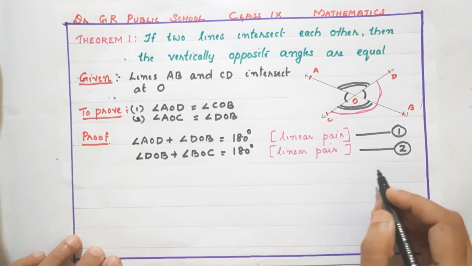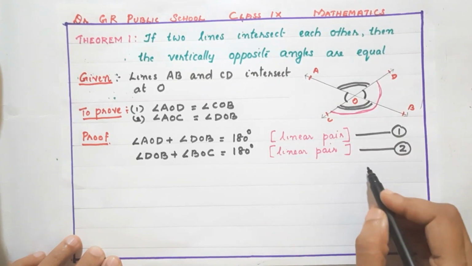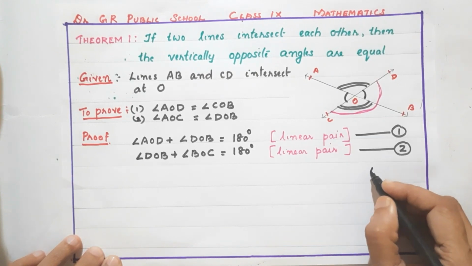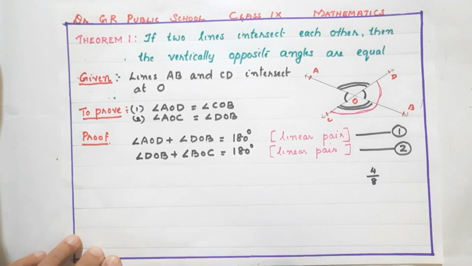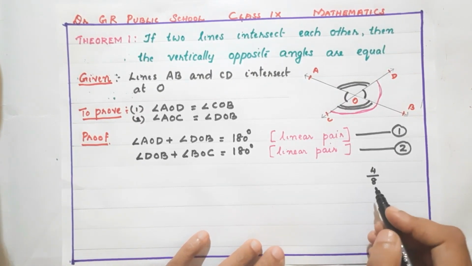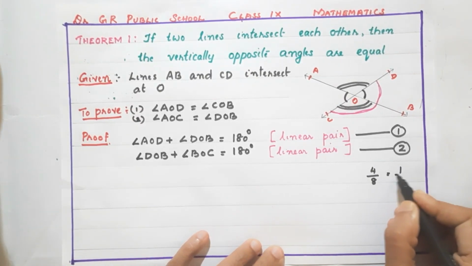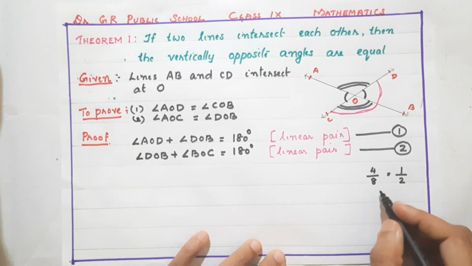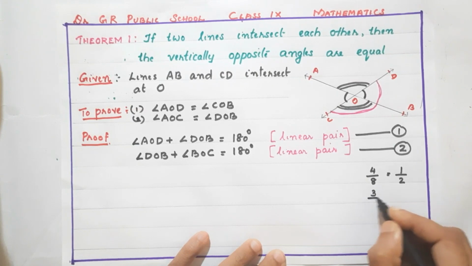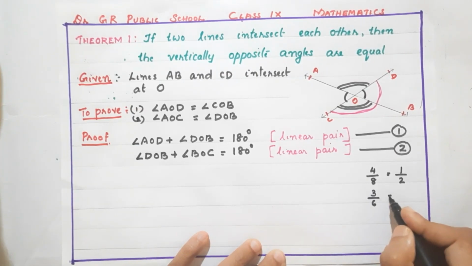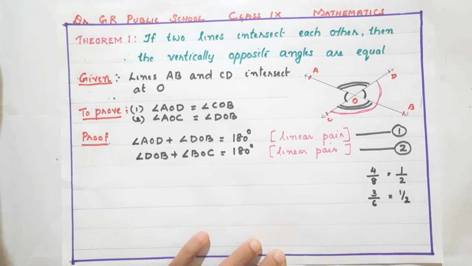Okay. So for example, let me explain using numbers. You know 4 by 8. What is 4 by 8? When we write the simplified form, we will get 1 by 2. Now, what is 3 by 6? 3 by 6 is also equal to 1 by 2.